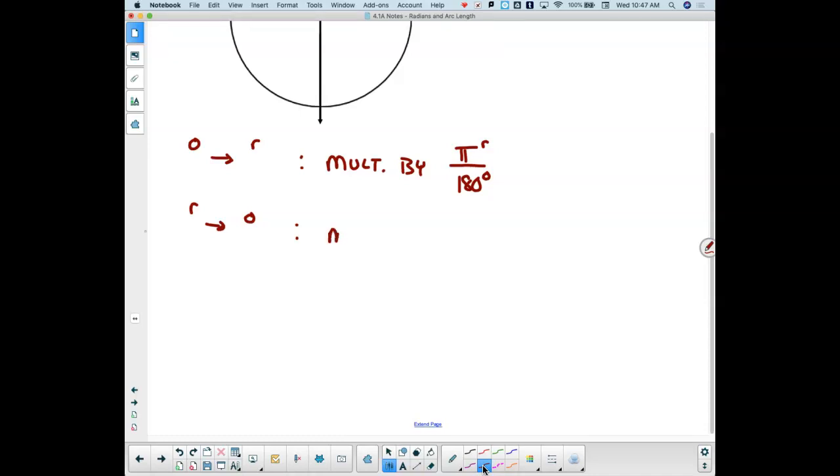You're going to flip that around. We will be doing a lot of this conversion starting tomorrow, converting back and forth between radians and degrees.